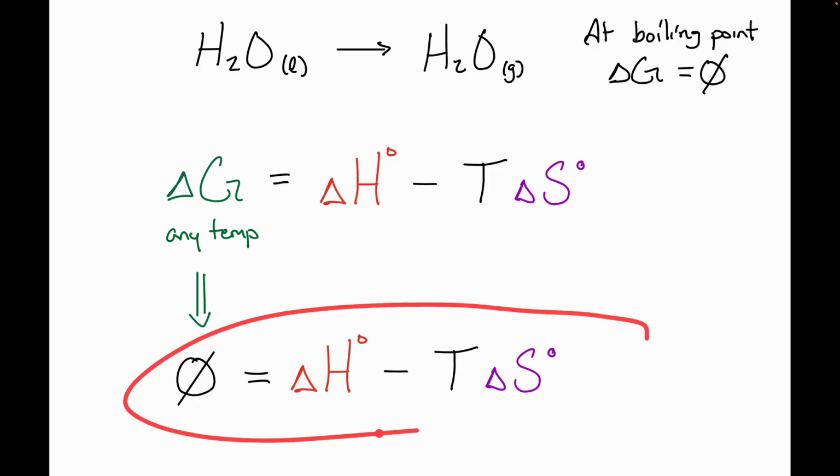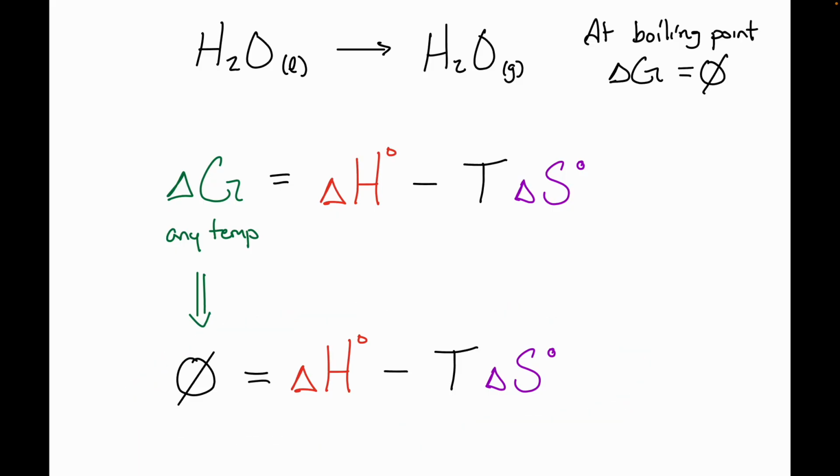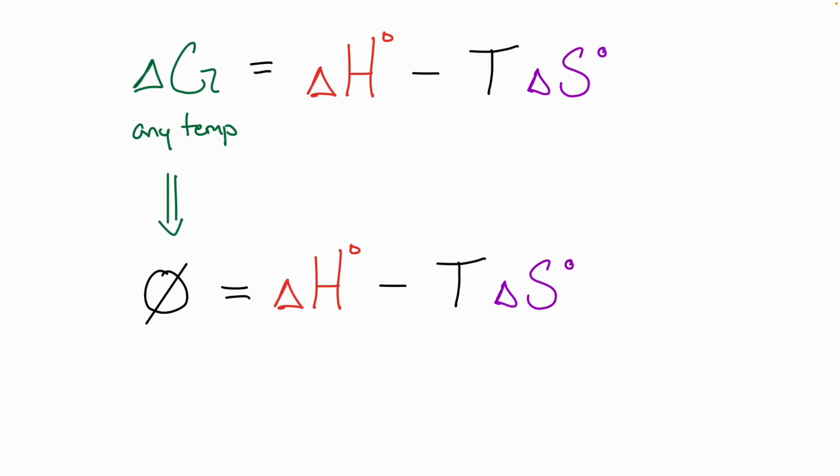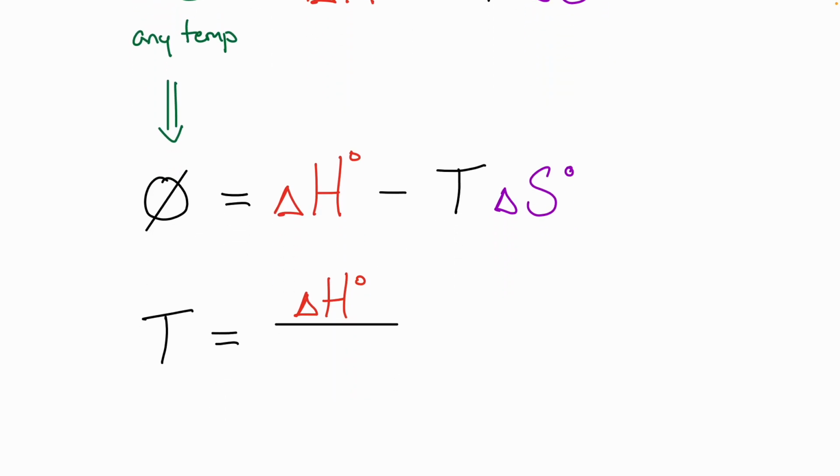All right, so let's rearrange. I want everybody to take a second. Rearrange this equation and solve it for T. All right, so our boiling point temperature here, I'll mark it TB.